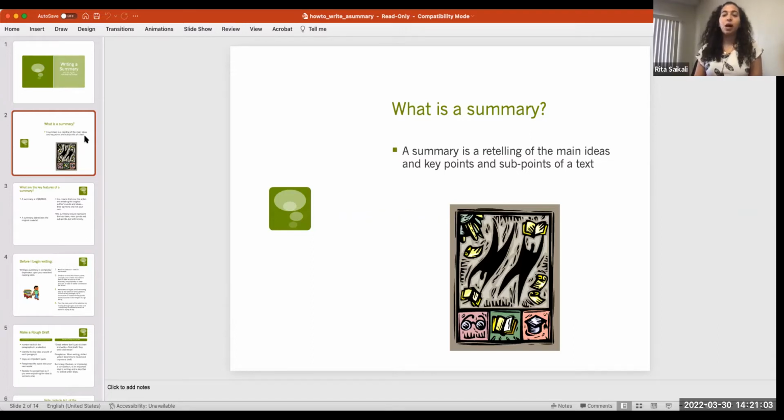So a summary takes the main idea and retells it in a different way. It's almost like paraphrasing the main idea. It's the main idea and some key points that happened, not just the topic of the paragraph or the story or the writing, but also the examples that were given. You can summarize those as well.